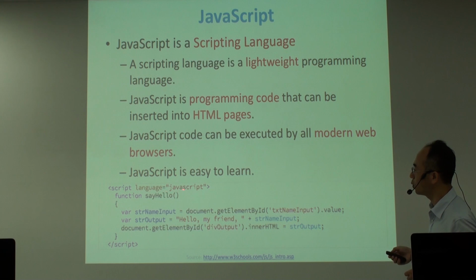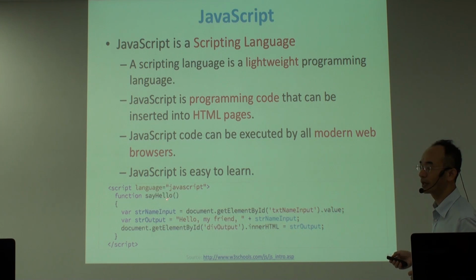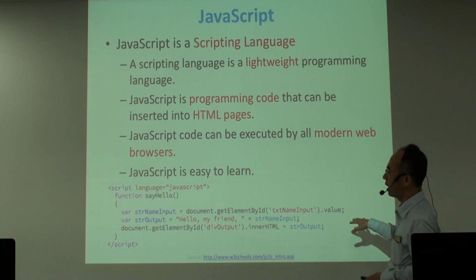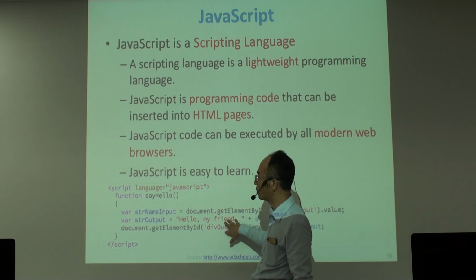Script language equals JavaScript, and the function is, for example, say hello or calculate BMI. It's a function, right? Within the curly braces you write your business logic, or write your code here, and you can declare your variables.